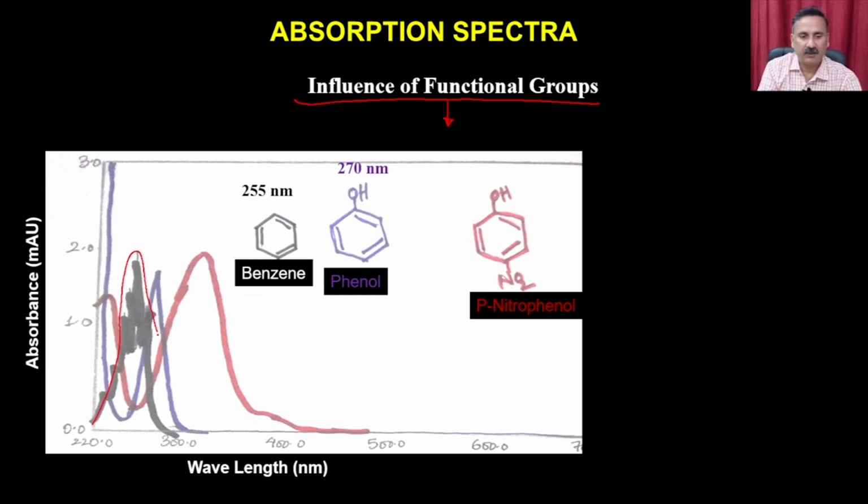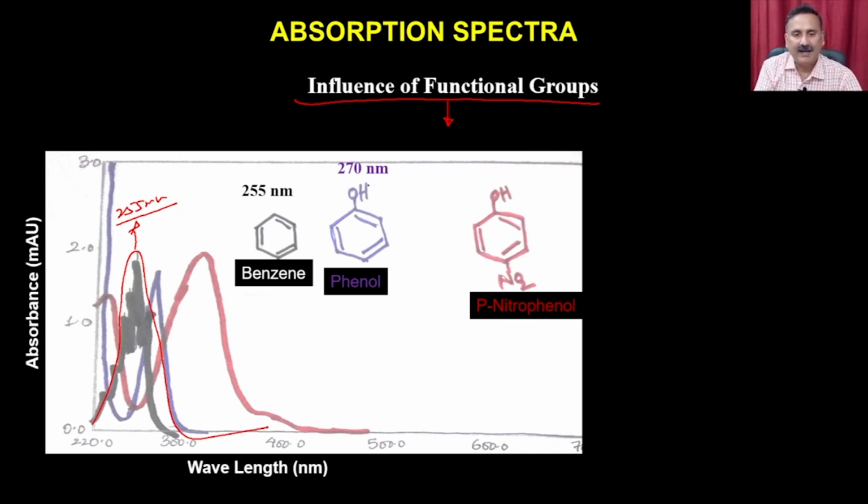It goes like this, and it gives you a wavelength of 250 nanometers. At 250 nanometers it absorbs maximally, because at that wavelength the electrons are receiving the maximum amount of energy, and that is how they go into the high energy state.